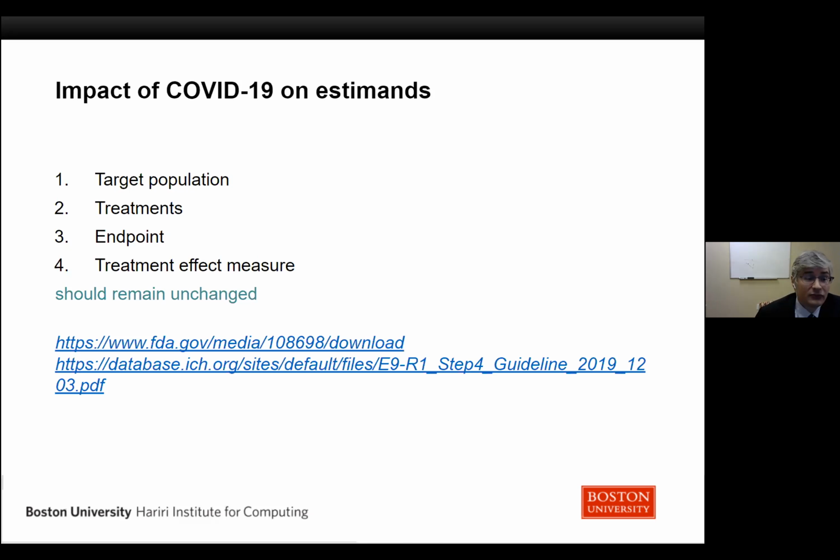Of course, we can think of many ways regarding how the pandemic is modifying these components. For example, thinking about the population, we could imagine that during the pandemic, participants who are enrolled differ from participants who were enrolled prior to the beginning of the pandemic. Participants could be healthier, they could be enrolled in specific sites where the pandemic has not started or the infection rate is not as high.